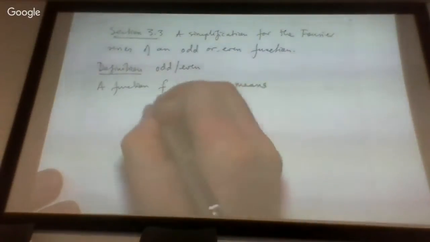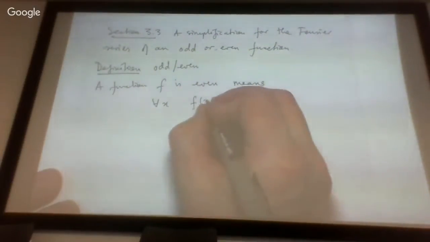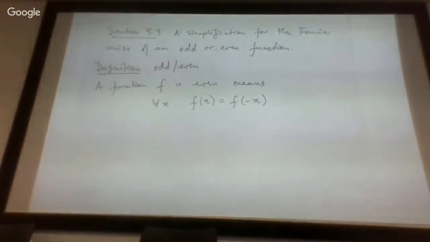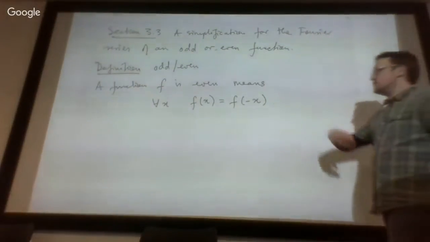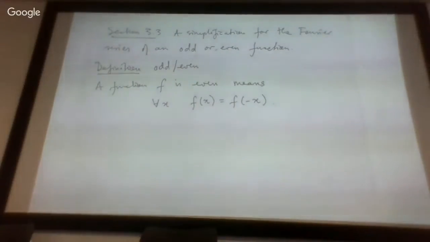What that means is for every x in the domain of the function, f of x is equal to f of minus x. So if you throw in as an argument to the function plus 5 and minus 5, the function gives you the same answer back. Okay? So it only depends really on the absolute value of the argument. It doesn't care about the positive or negative sign.